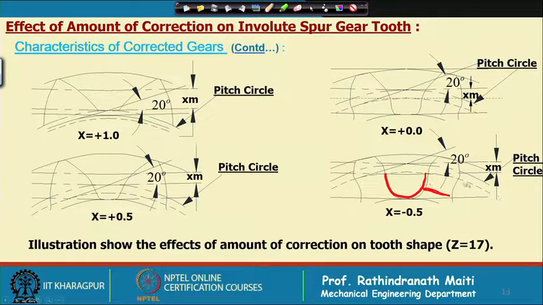So, definitely we would not go for minus 0.5 correction in case of 17 teeth. So, this is just to show what will be the form of teeth.